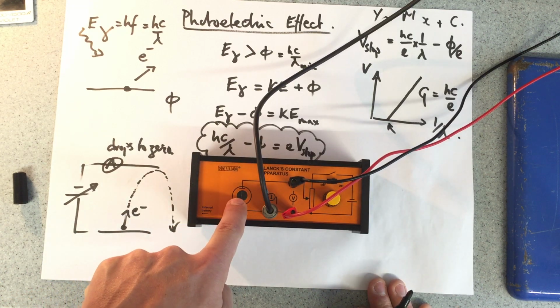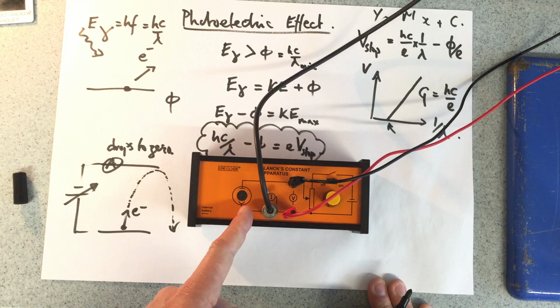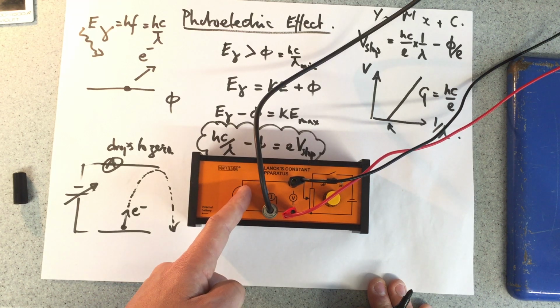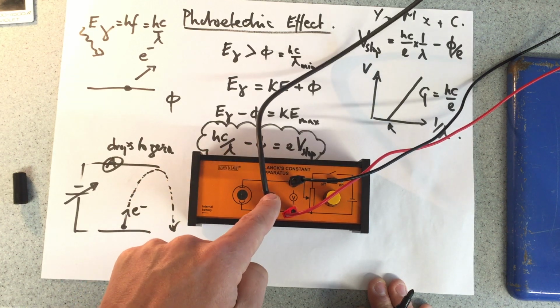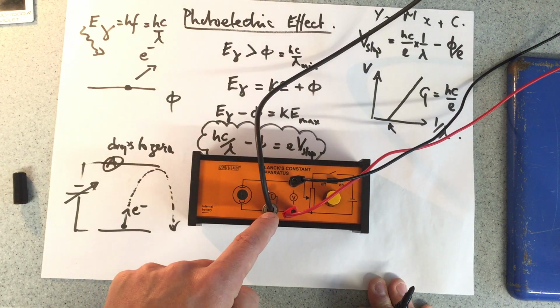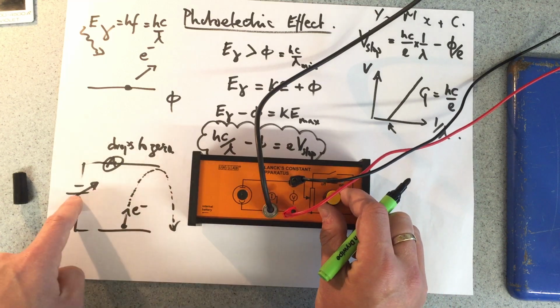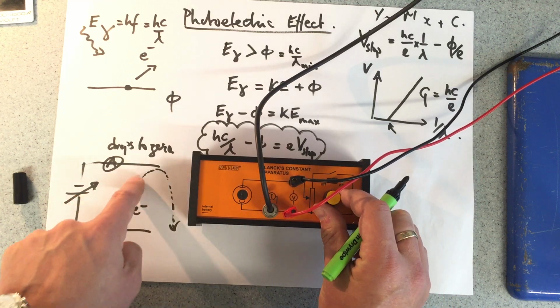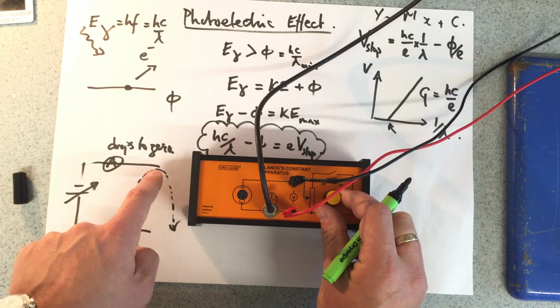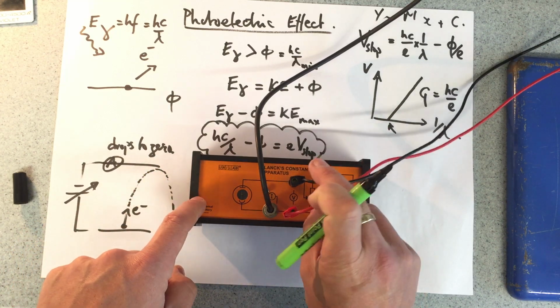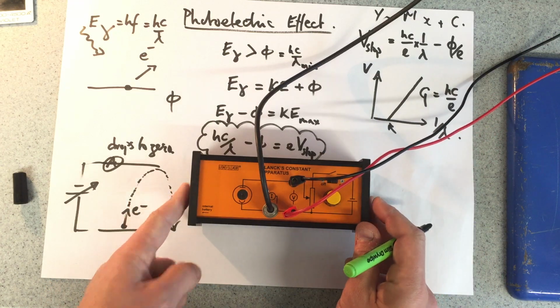The light shines onto there, and it causes electrons to jump across the gap, and then I will see a current being measured with this one here. This, I can change the voltage to just stop it from going across the gap, and therefore I can measure the stopping potential because I have a voltmeter attached to there.